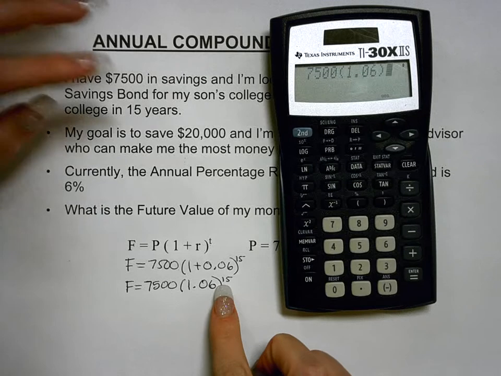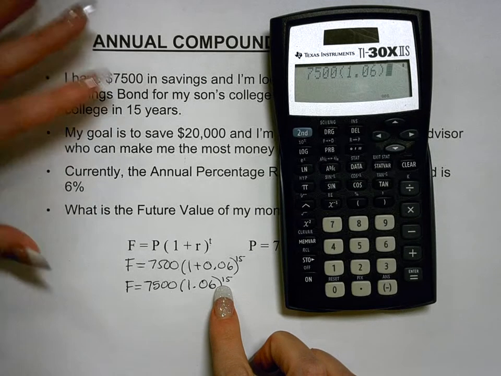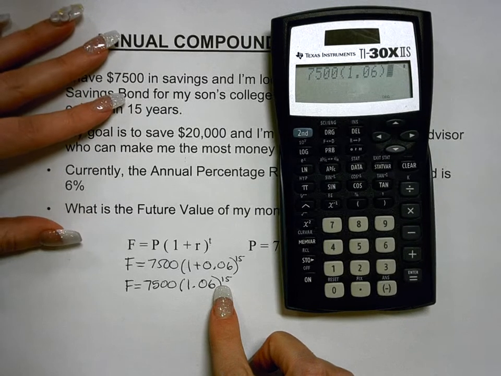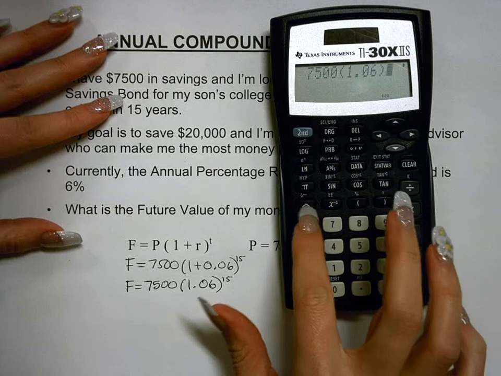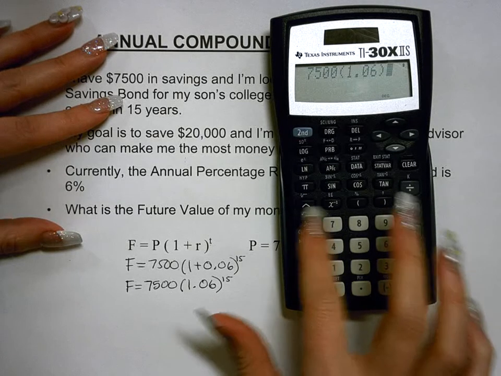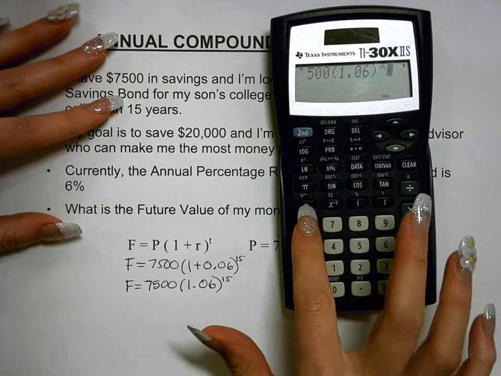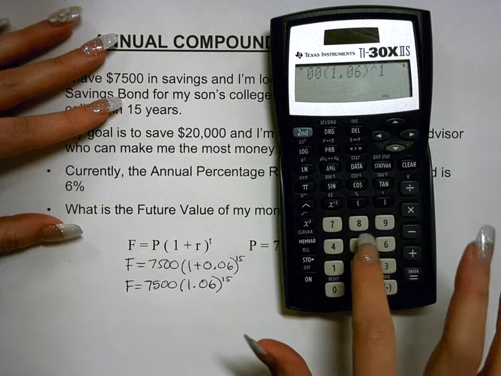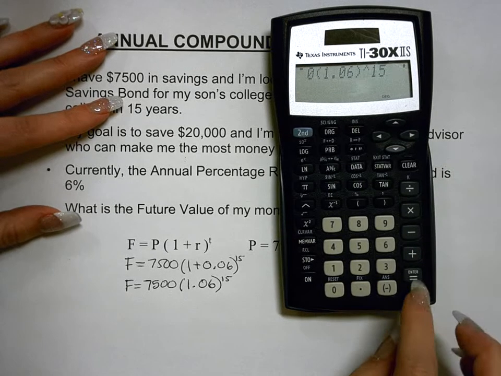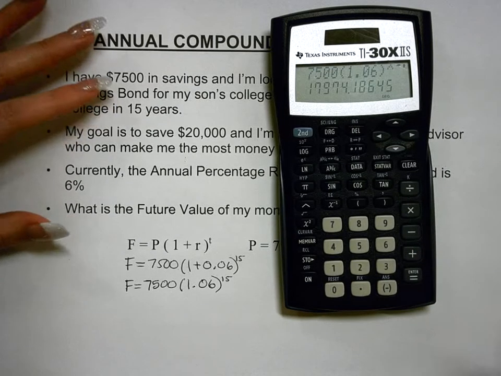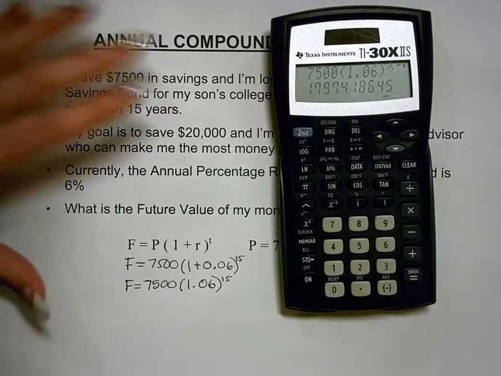And to get to the exponent, we're going to raise that to the 15th power. So this little triangular type looking thing is the raise to the 15th power. And then you just hit enter. And then you get the answer.